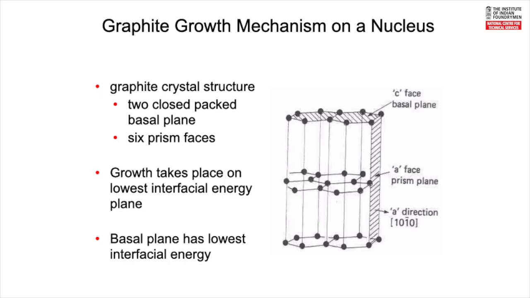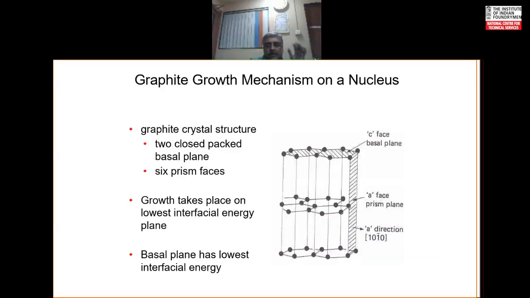Now, in the normal course, the basal plane, being more closely packed than the prism planes, has the lowest interfacial energy. So logically speaking, if everything is pure, that means the purest of iron, you add pure carbon, melt it in vacuum and cast it in vacuum, what you will land up with is iron with carbon solidifying in the form of nodules. That is what happens in the experiment in the laboratory.